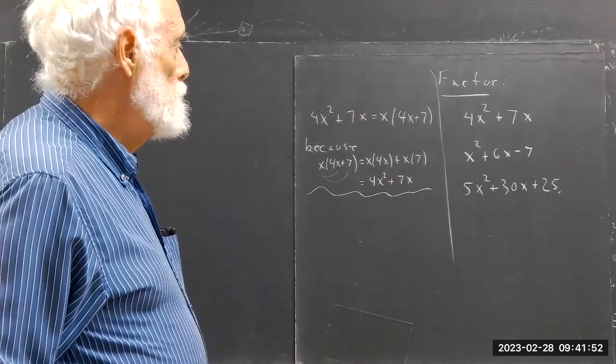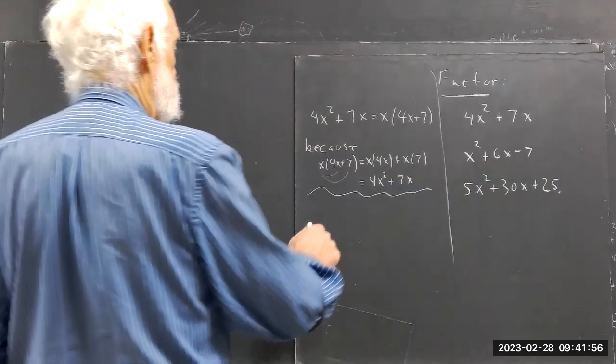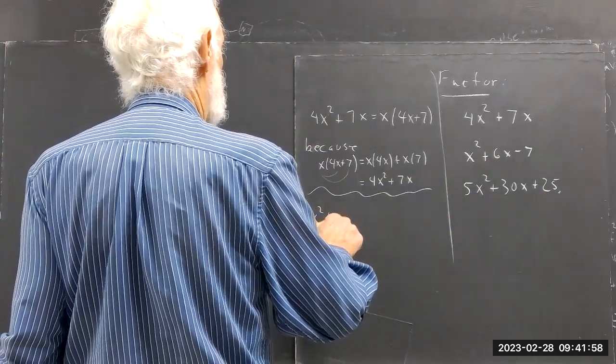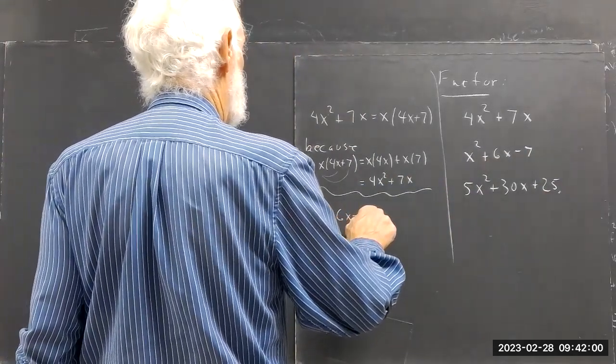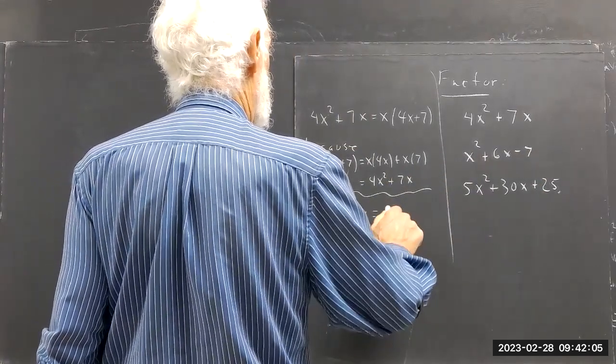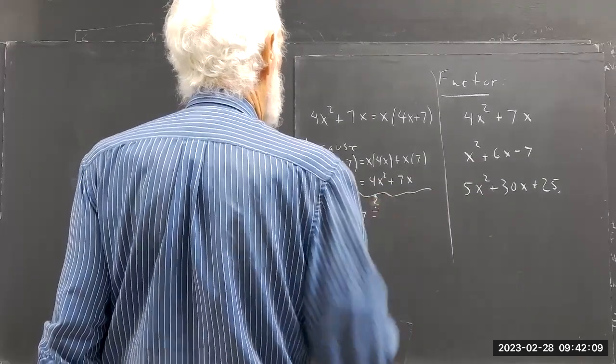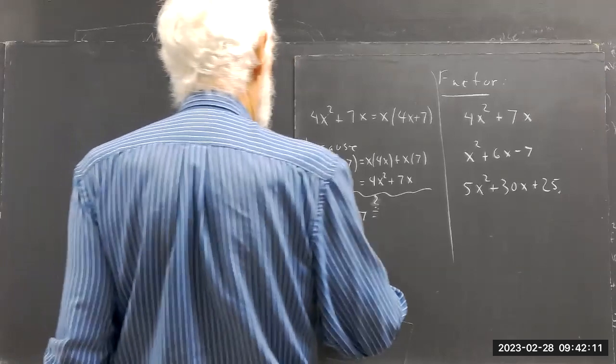Now, x squared plus 6x minus 7. Okay, what's it equal? I'm going to give you several candidates.